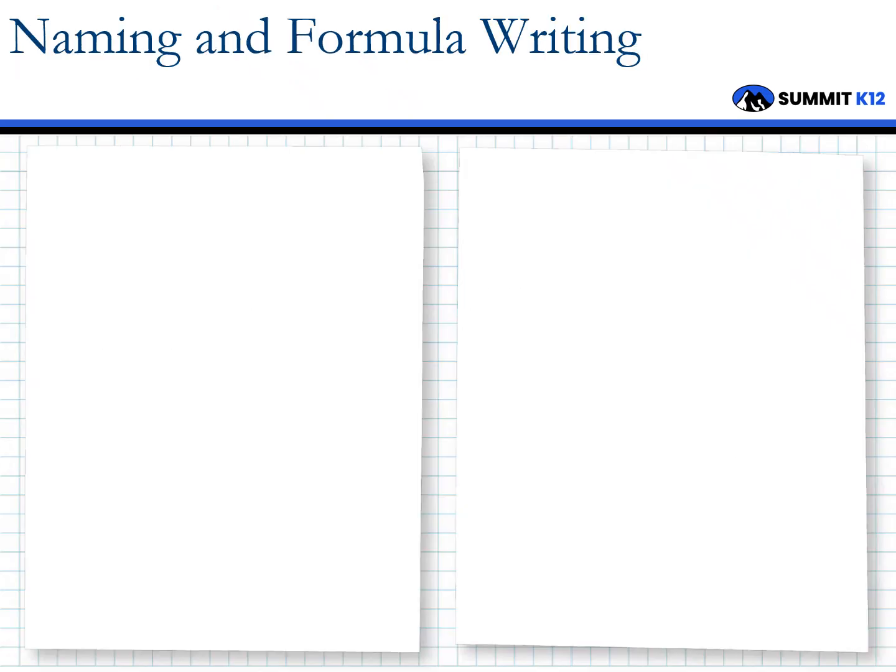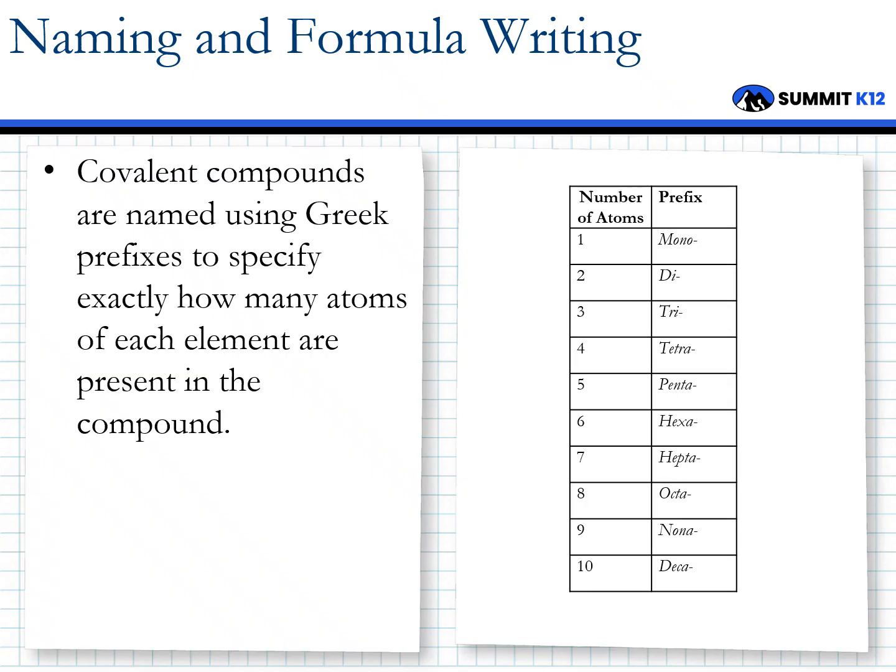Now that we know what covalent compounds are, let's learn how to name them. Covalent compounds are named using Greek prefixes to be specific about exactly how many atoms of each element are present in the compound.